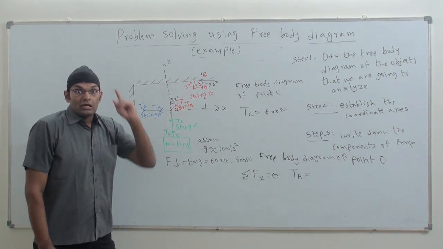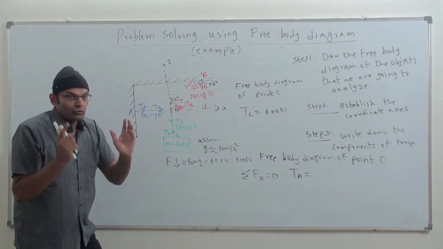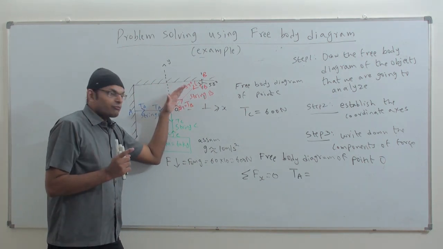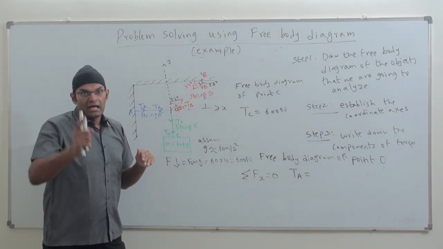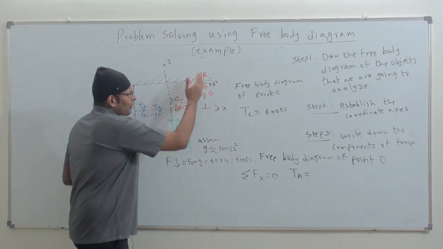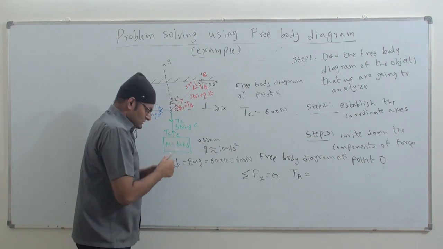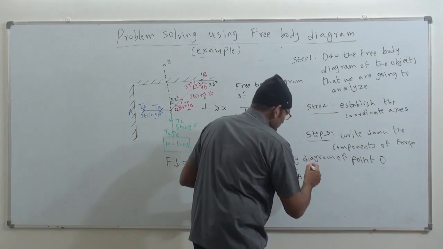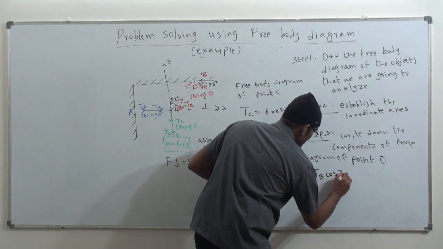So what component of tension B is acting in the x-axis? And that is very simple. When I draw a component, you can see it would be TB cos 37 degrees.